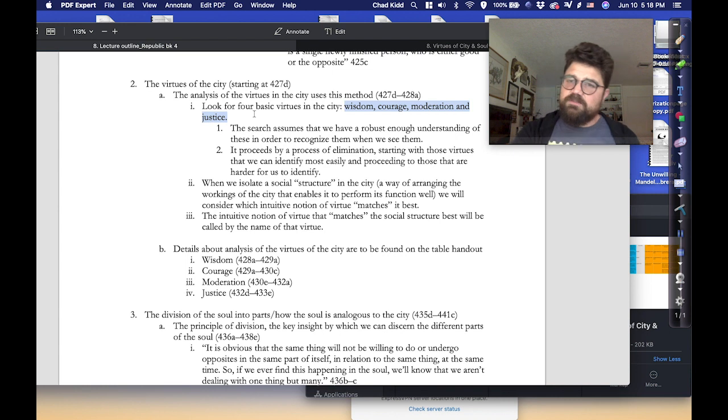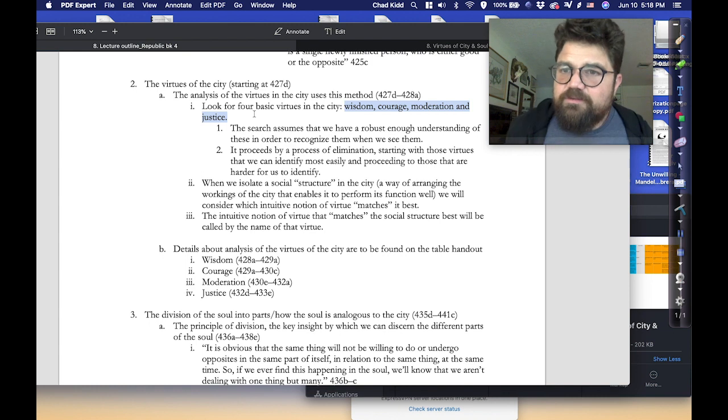justice. Now, it's important to keep in mind that if you call a city wise, you are not thereby calling every individual member of the city wise. Similarly, if you're calling a city courageous, you're not saying that every citizen in the city is courageous. In fact, by the way Plato's going here, there's a stark divide between a city's having a virtue and an individual person's having a virtue, right?